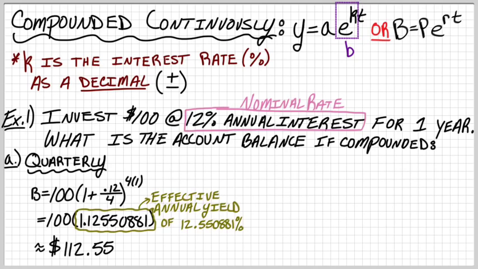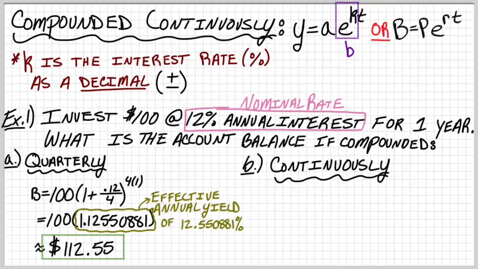Okay, well, now that we just learned about compounding quarterly, let's see what happens when we do this compounding continuously. So the balance is going to be the initial investment, so that's $100. And then we need e to the kt, or e to the rt, either one.